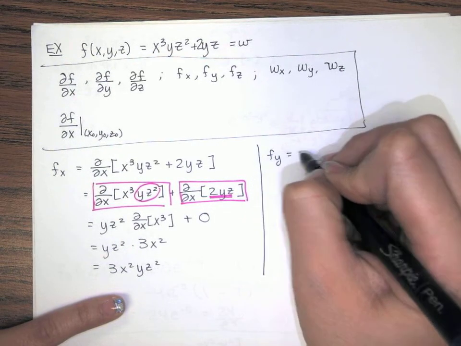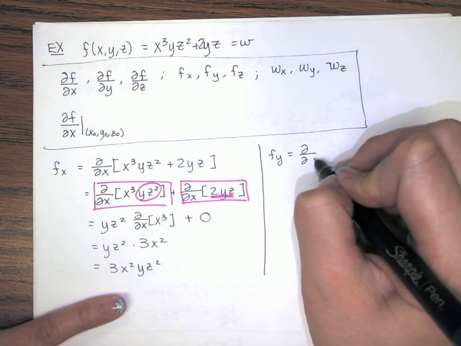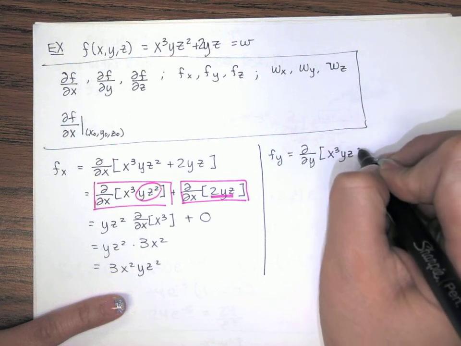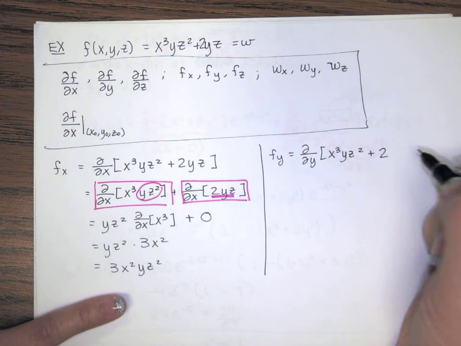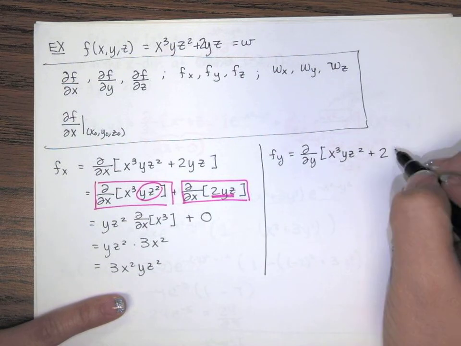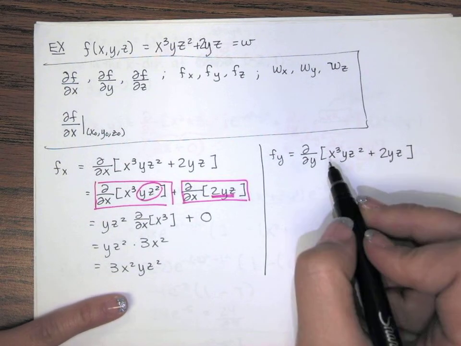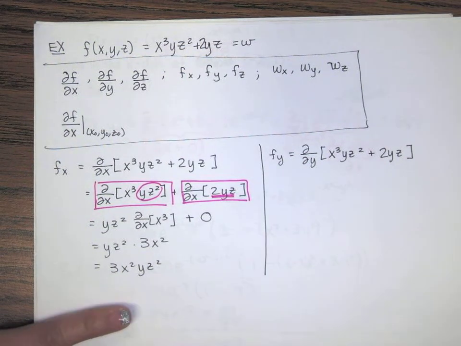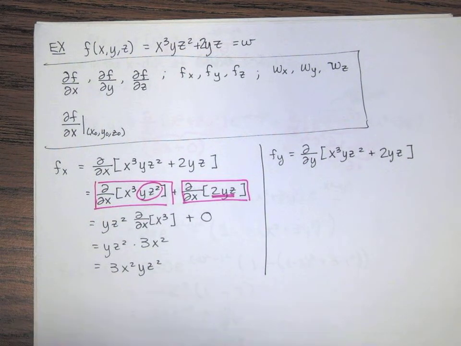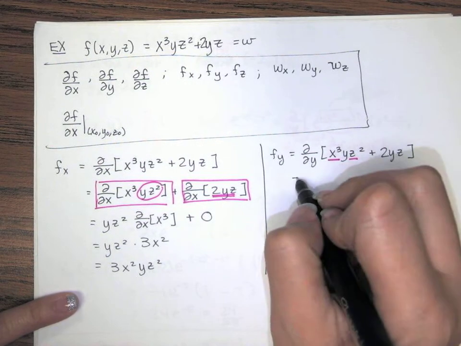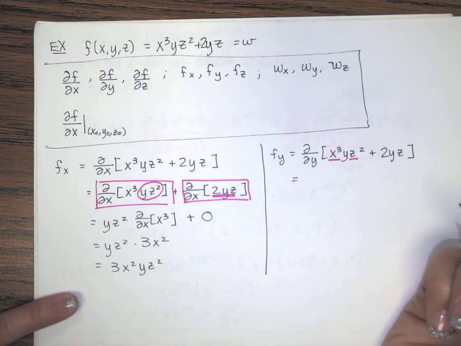Let's take the partial of f with respect to y, treating x as a constant this time, and z is a constant as well. Now if x and z are constants, this is a constant times y. The derivative of a constant times y is just the constant.